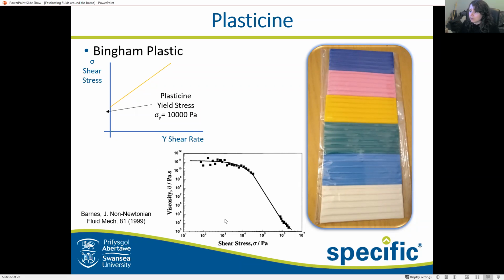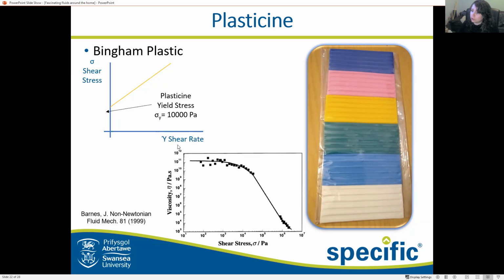And the values I have here are the actual viscosity graphs you can get for plasticine, as was found in the Barnes Non-Newtonian Fluid Mechanics book, which you can look up if you are really interested in learning more about rheology. It shows that you have a really significant reduction in viscosity as you change the shear stress, although there isn't that significant a change to begin with, or so it would appear.